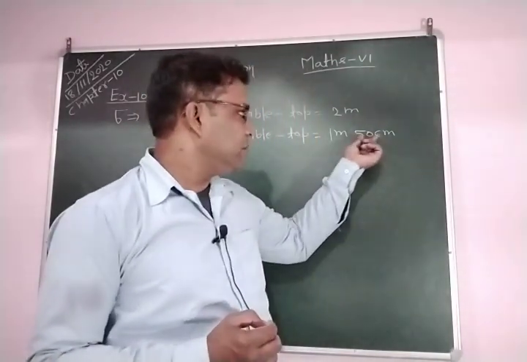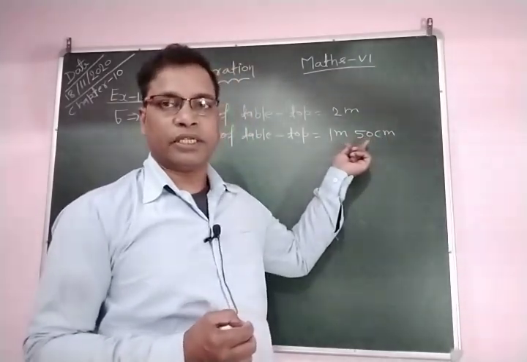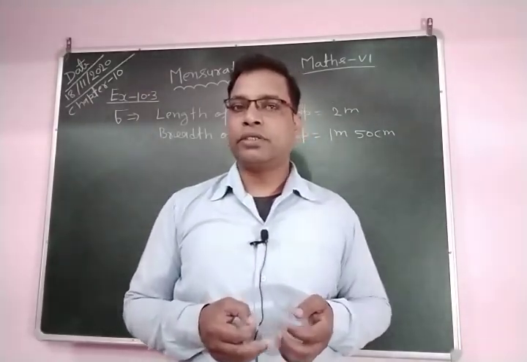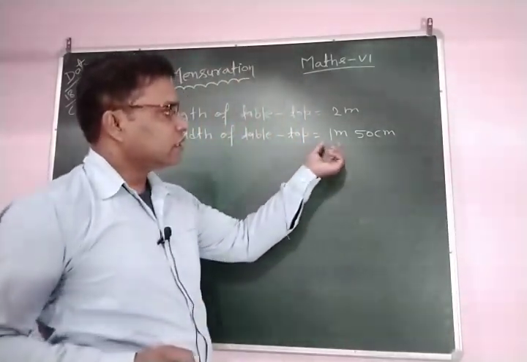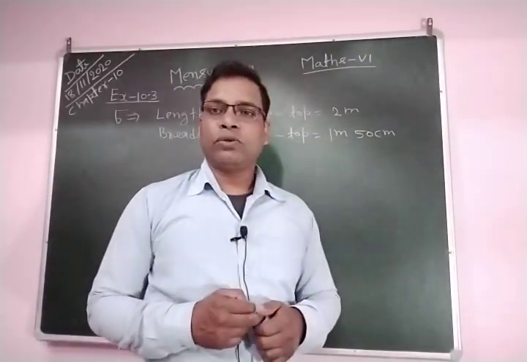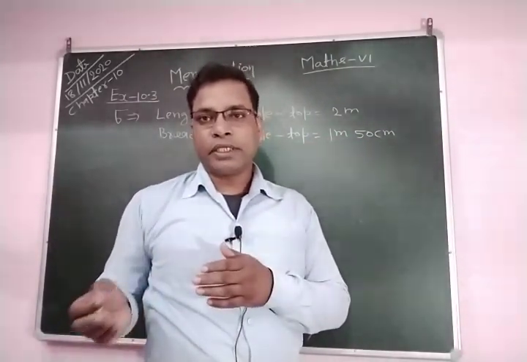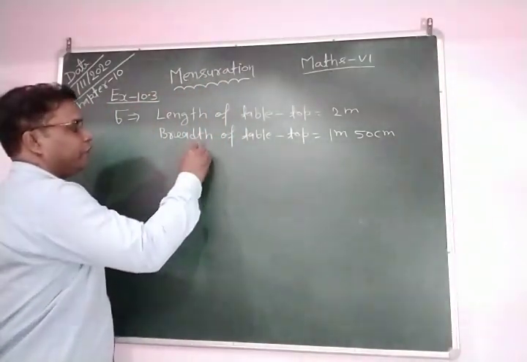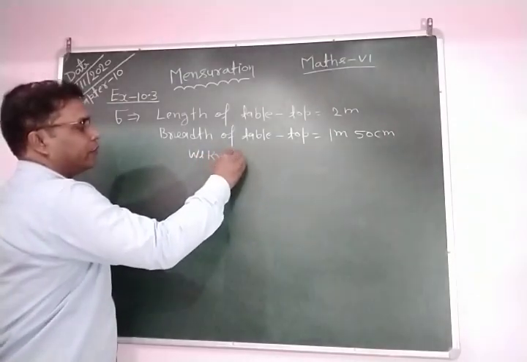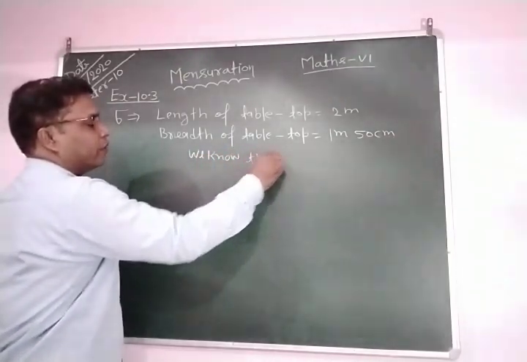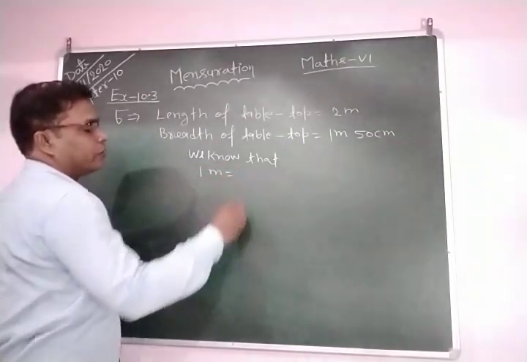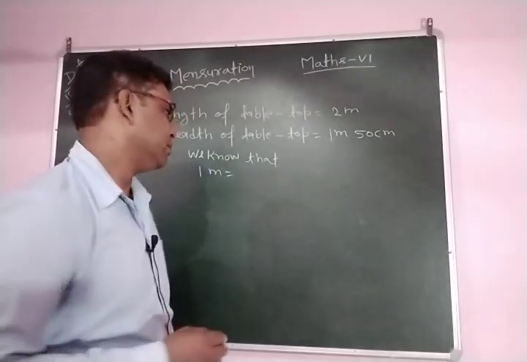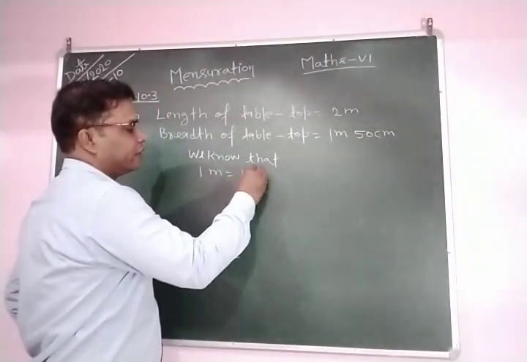So we change this centimeter into meters, because the question asks us to answer in square meters. How can we change 50 centimeters into meters, or 1 meter 50 centimeters into meters? We know that 1 meter is equal to 100 centimeters.